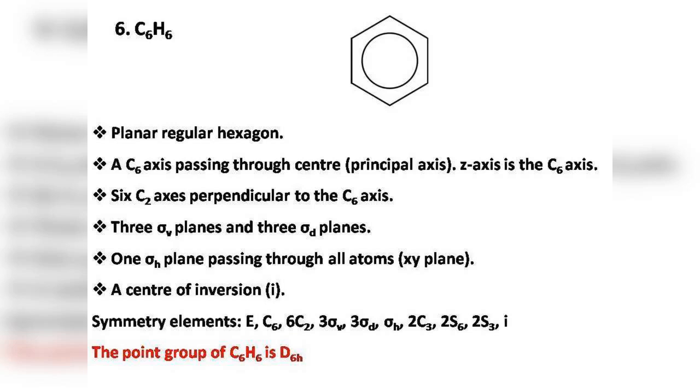There is a center of inversion i. The symmetry elements are E, C6, 6C2, 3σv, 3σd, σh, 2C3, 2S6, 2S3, i. The point group of benzene is D6h.